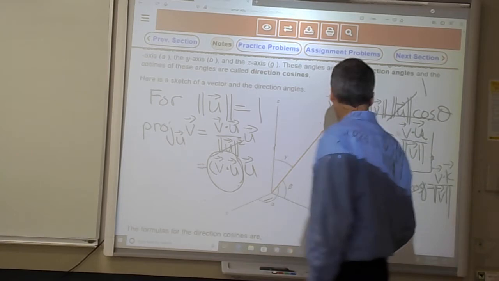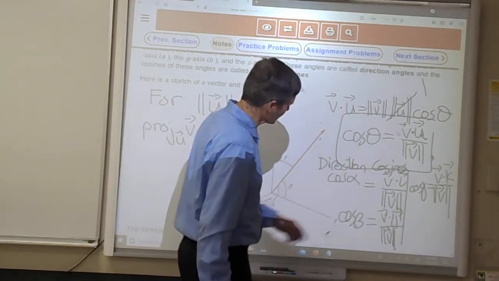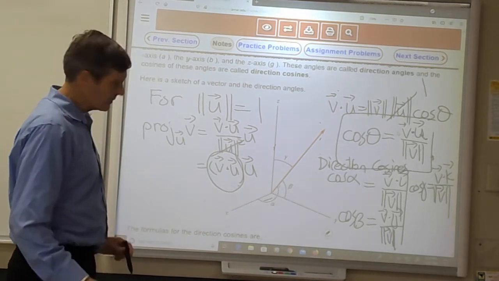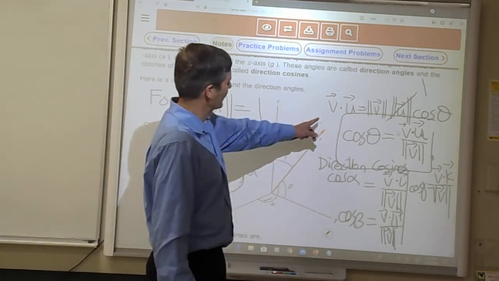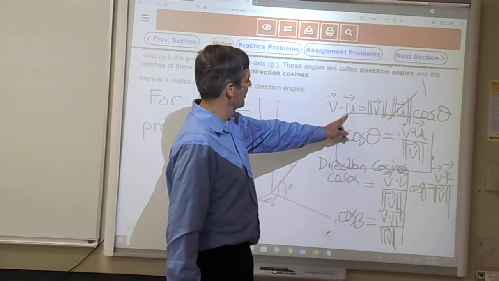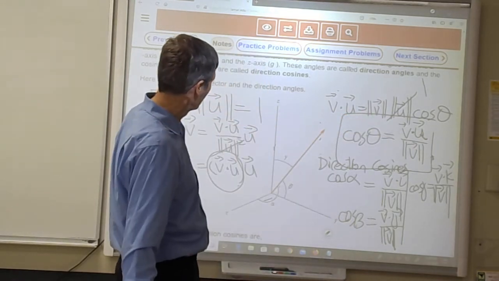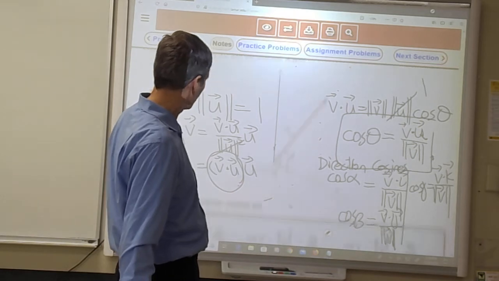That gives us the cosine of the angle to the axis, and then we can take the arc cosines of these and find these three angles. So the fact that a unit vector dot product with another vector gives you the length of the vector times the cosine of the angle between them allows us to calculate these formulas for direction cosines.